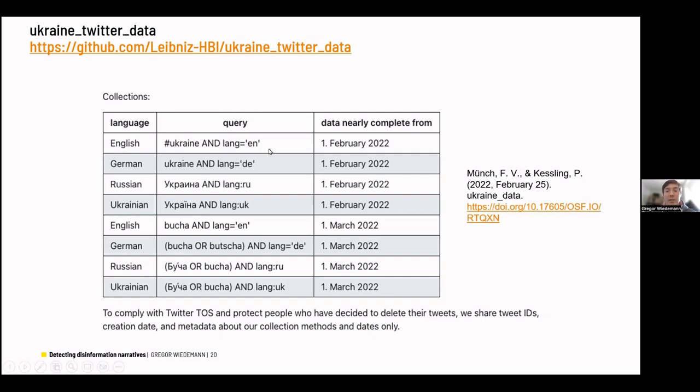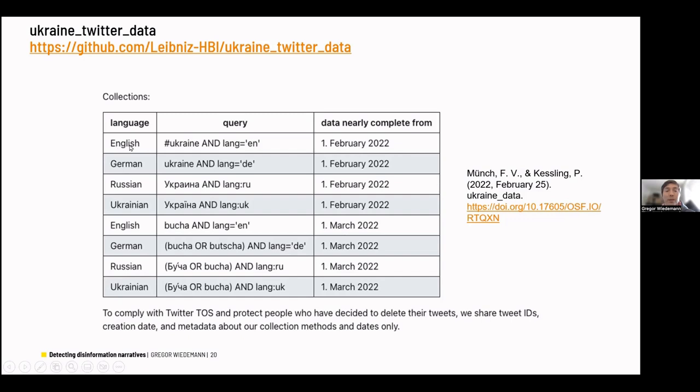This is also a collection started by Felix Münch and Philipp Kessling, and they started around the beginning of the war to collect all tweets in English language with the hashtag Ukraine, and then also German, Russian, Ukrainian tweets with Ukraine not only as a hashtag, but as a general mention.